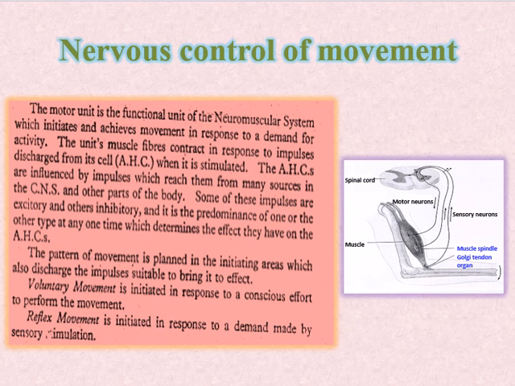Basically, it occurs in response to the demand made by sensory stimulation. Look at this diagram. If we look at the nervous control of movement, we can say the sensory neurons carry the information towards the spinal cord and brain, and the motor neurons, the descending pathways basically, carry the information from the spinal cord to the muscle, and the muscle performs its action.